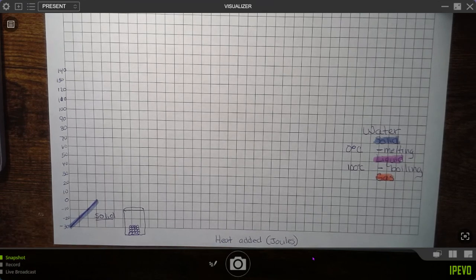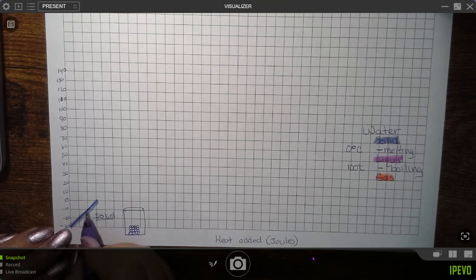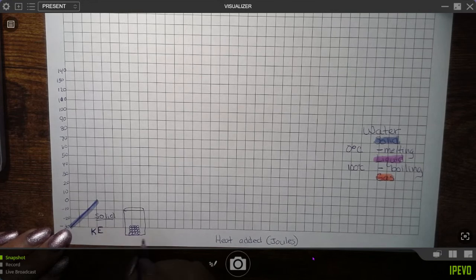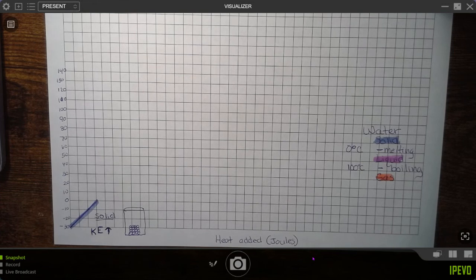What's happening as we move from minus 30 to 0 degrees Celsius is that the kinetic energy, KE, of the water molecules is going up as we raise the temperature. We've said temperature and kinetic energy go hand in hand.